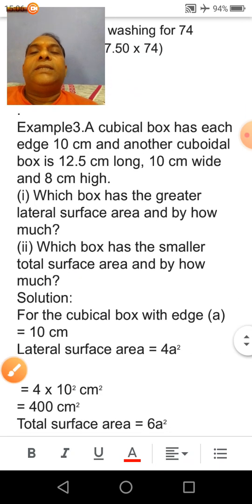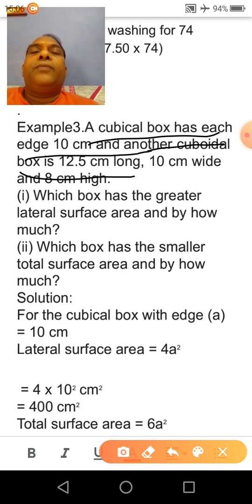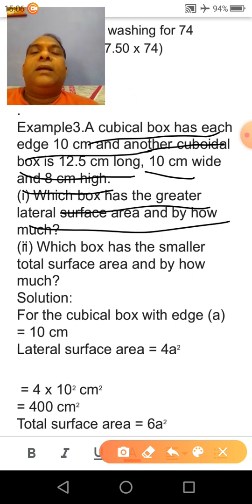See the next example. A cubical box has each edge 10 centimeter and another cuboidal box is 12.5 centimeter long, 10 centimeter wide and 8 centimeter high. Which box has the greater lateral surface area and by how much?